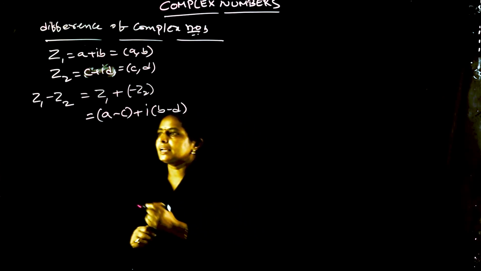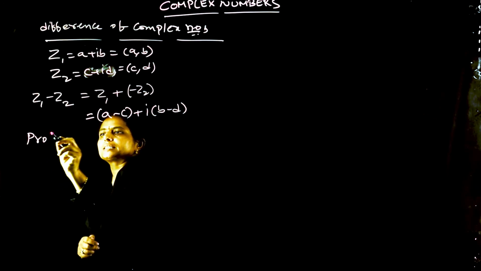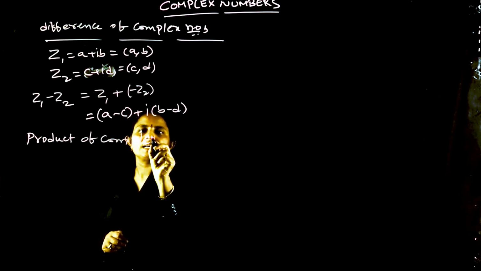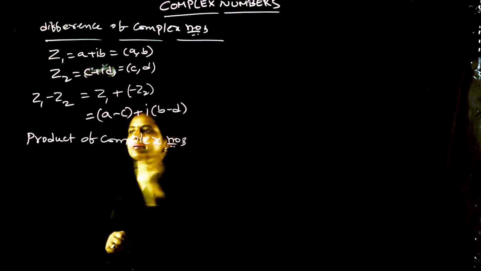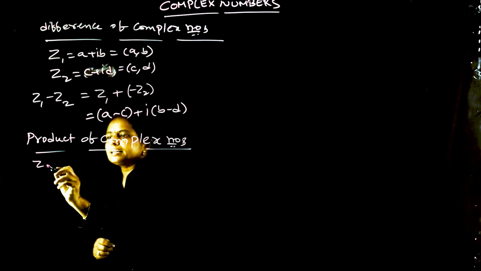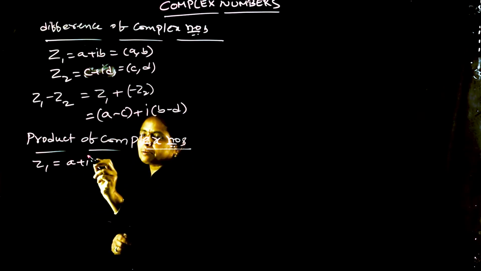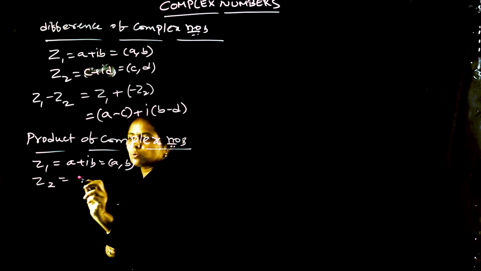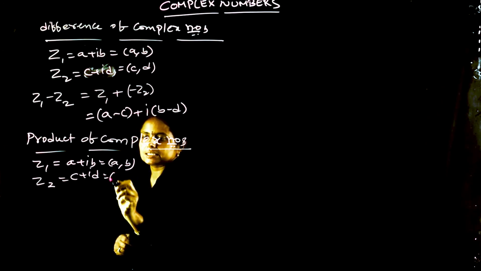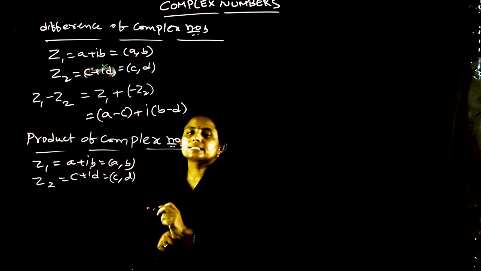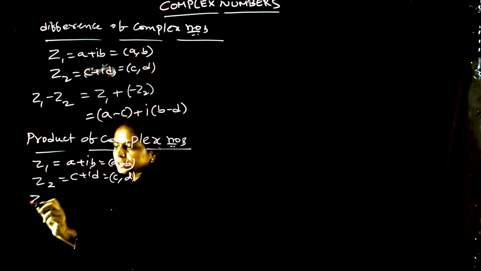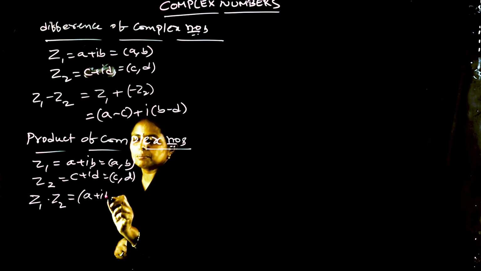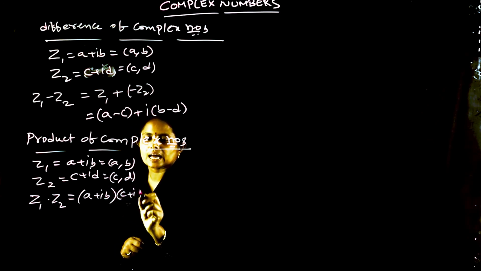So now let us see product of complex numbers. If we have two complex numbers, say Z1 is equal to A plus IB, again A comma B, and Z2 is equal to C plus ID, which is given as C comma D, then product of Z1 and Z2 is given by Z1 into Z2 is equal to A plus IB into C plus ID.